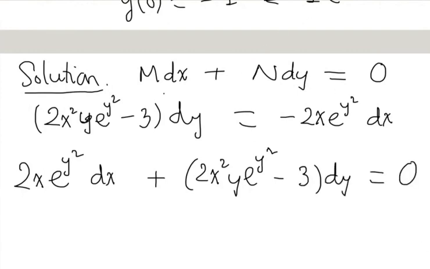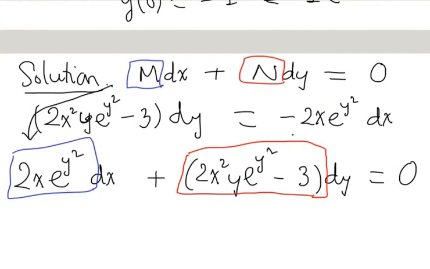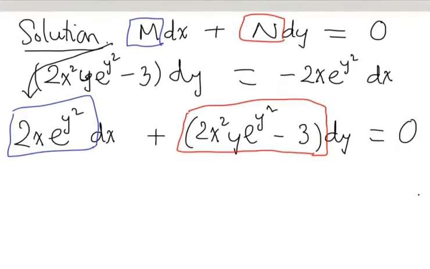And now I have matching the format M dx plus N dy equals 0. So we see that M is that and N is the second term.